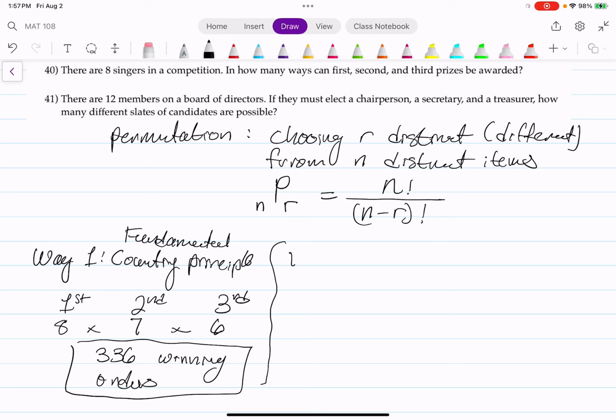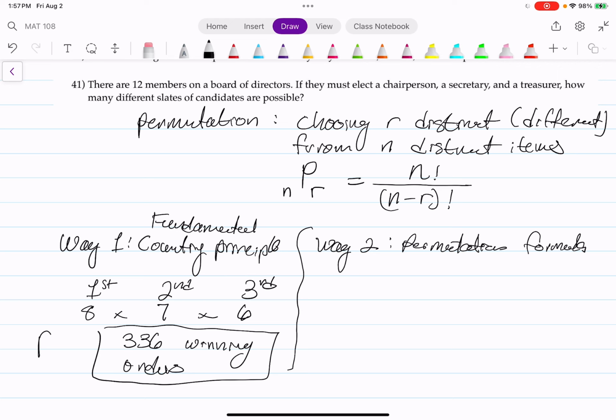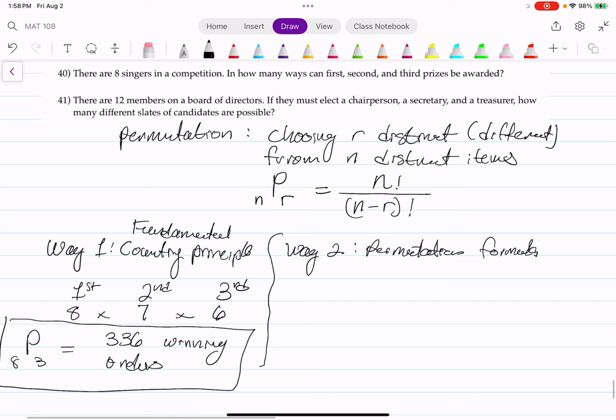Now, way number 2, we're going to use the permutation formula. So I do want to say that the permutation of 8 choose 3 is 336. There are 8 people and you're choosing 3, and the order matters and they're distinct.